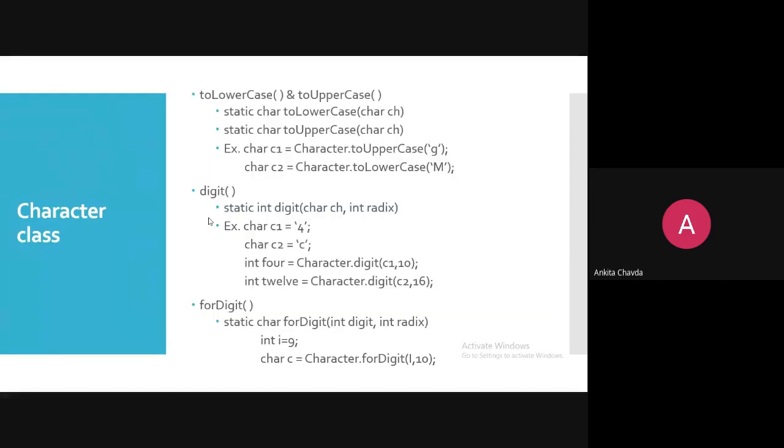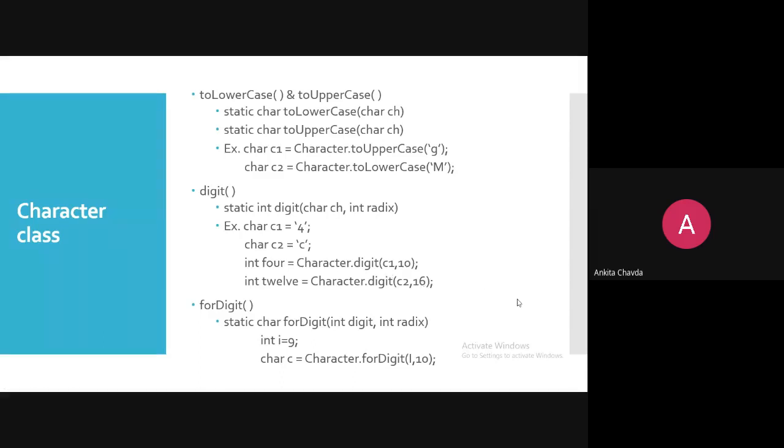Fine. The same way I am having this C. C I have given, that is my character C, but you can understand that in hexadecimal this C represents what? 12. Yes, no? So what I am giving is Character.digit with this c2, that I have represented in hexadecimal.